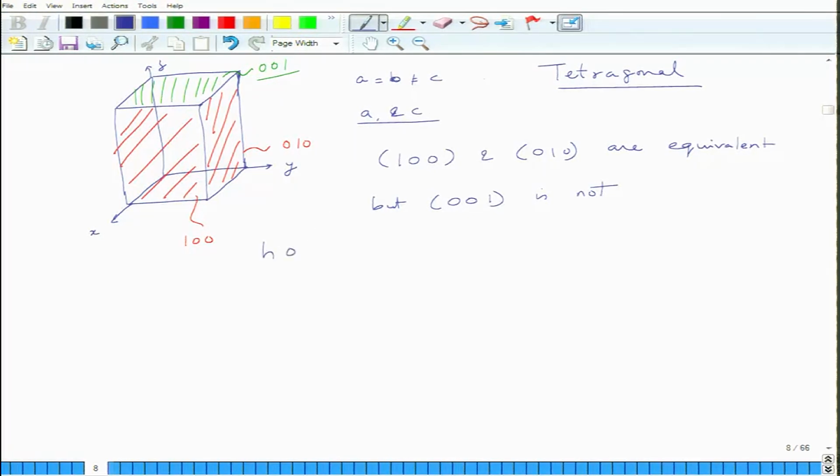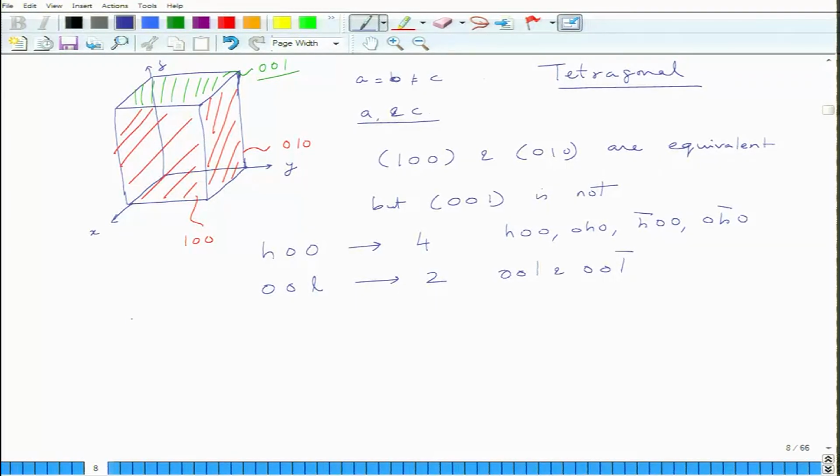So, in case of tetragonal, if you draw H 0 0, the multiplicity will be 4. This will imply H 0 0, 0 H 0, and then you will have 0 0 L. This will have a multiplicity of 2. So, 0 0 L and 0 0 bar L. Similarly, there are other planes as well.